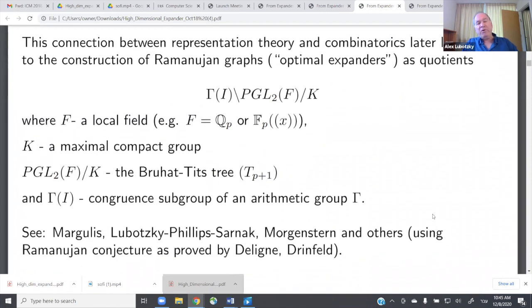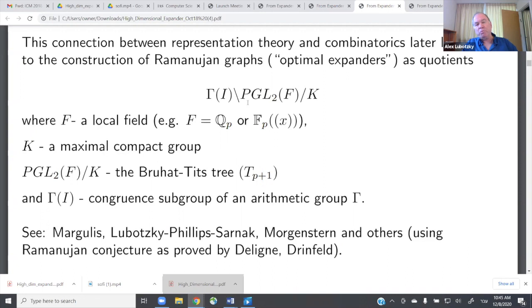The story is the following: you take F to be a local field. For example, F is the p-adic numbers, or F is the Laurent power series over the finite field of order p. This is a local field. It has a locally compact topology.